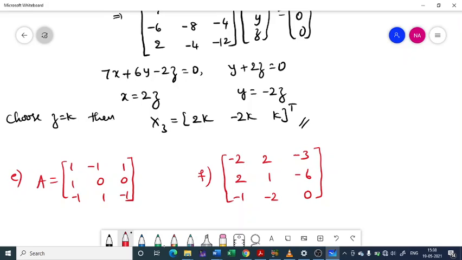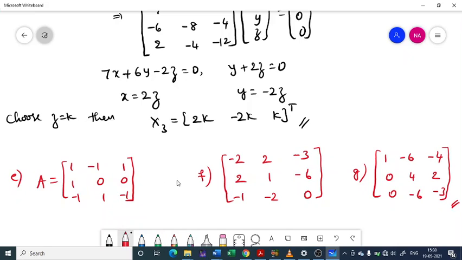Next, one more problem, 1, 0, minus 2. G: 1, minus 6, minus 4; 0, 4, 2; 0, minus 6, minus 3. Now try to solve these three and then find the corresponding eigenvalues and eigenvectors.